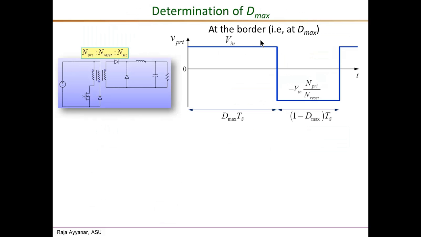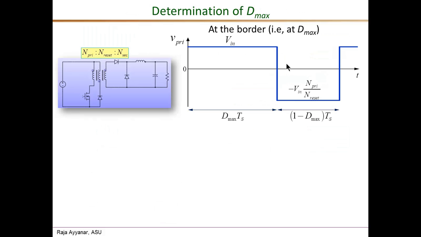That is, I'm operating at the maximum possible D value for a given N primary to N reset, and that is what this waveform corresponds to. Any value more than this Dmax would result in V primary average not being equal to 0, and any value of D less than this Dmax would result in a portion of the switching period where the primary voltage remains at 0.